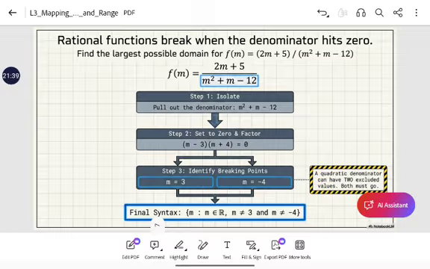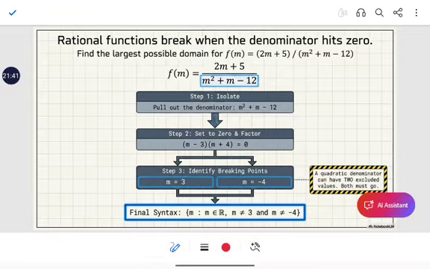So here we are given a rational function. f of m is equal to (2m plus 5m squared), all divided by m squared plus m minus 12. Good. Now, this is a quadratic expression. All right, so what do you do?